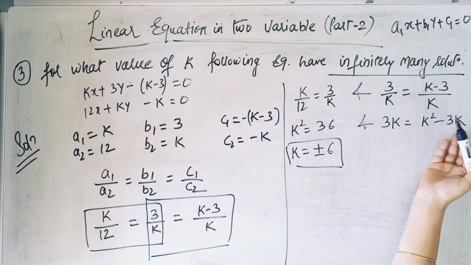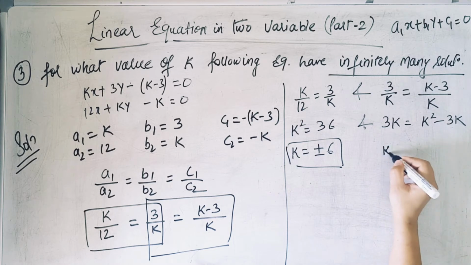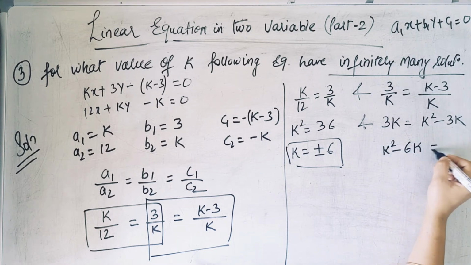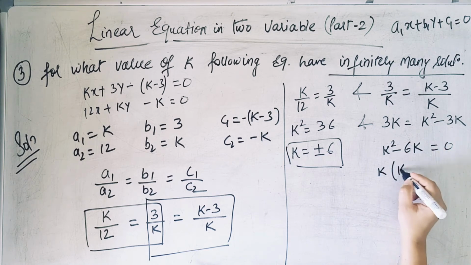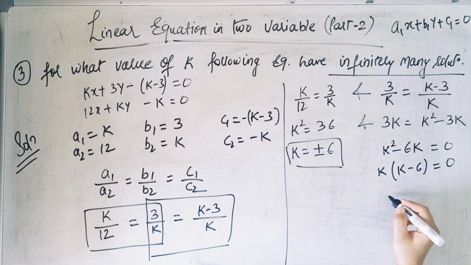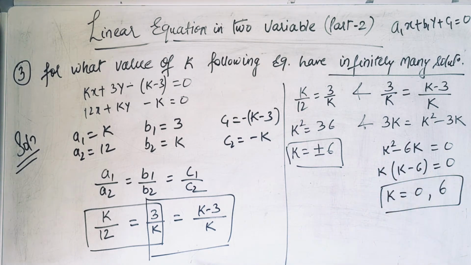Now shifting everything over here, on that side k square minus 6k equals 0. We'll take k common. So k into k minus 6 equals 0. So k equals 0 and 6. Thus, these are the values of k for which the given pair of equations will have infinitely many solutions.